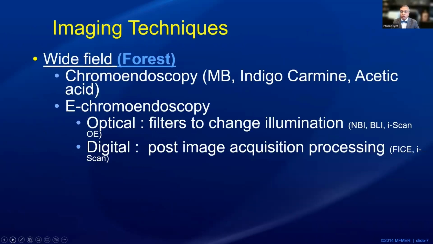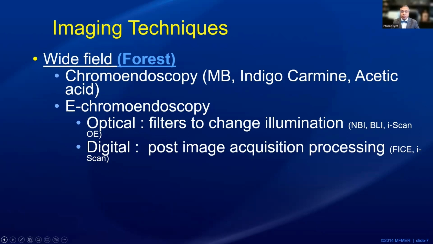Of course, as I alluded to, before we take biopsies, we should be inspecting the Barrett segment using any kind of chromoendoscopy. I think acetic acid is the most popular one, with high sensitivity and specificity, or electronic chromoendoscopy, which could either be optical or digital. And these are by and large linked to the manufacturer of the endoscopes, and different technologies are available: narrowband imaging, blue laser imaging, i-scan optical enhancement, which are optical technologies.